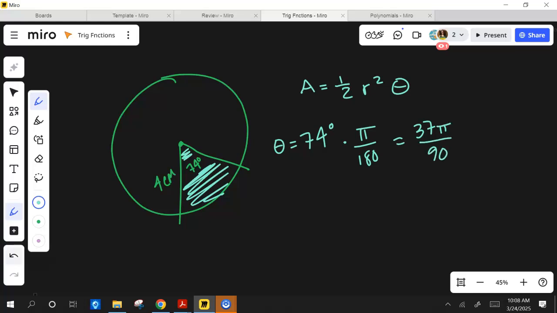Is everybody okay? 74 divided by 180, and then math, enter. This is 74 over 180. I could divide both of them by 2.